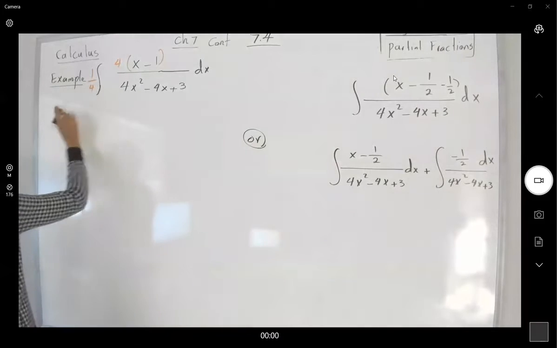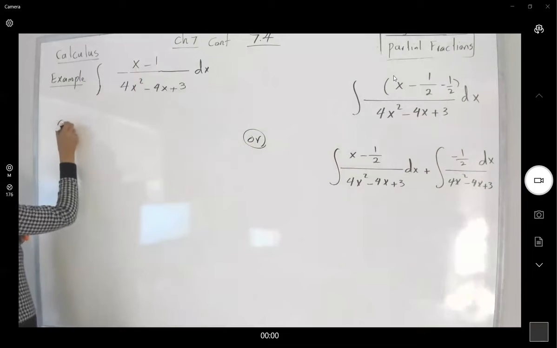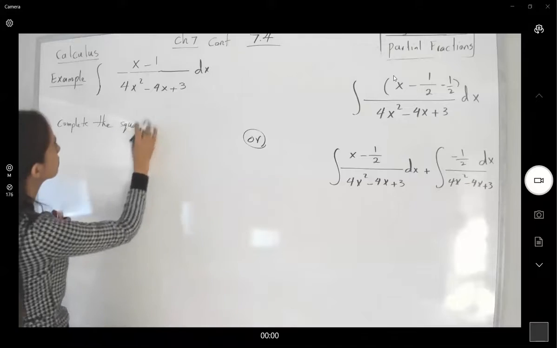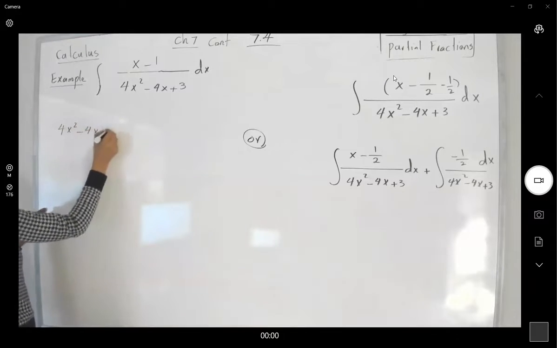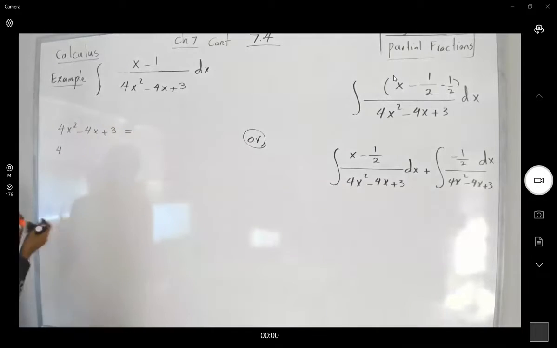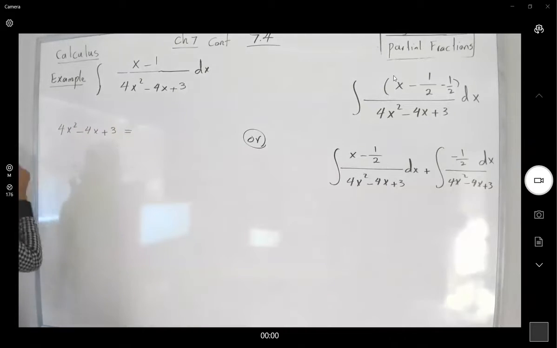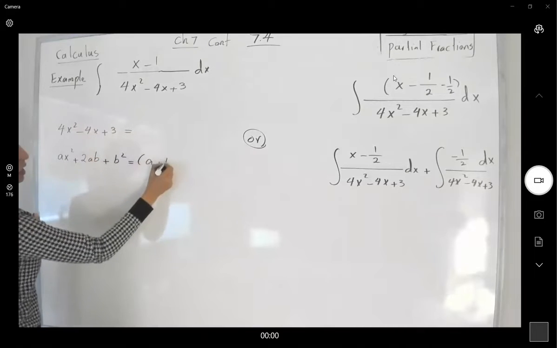Or you can complete the square of the denominator. For 4x squared minus 4x plus 3, remember that a squared plus 2ab plus b squared equals a plus b squared.